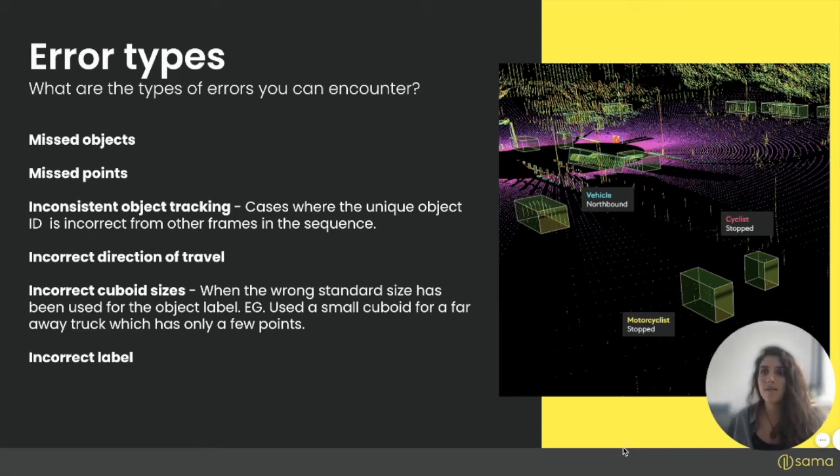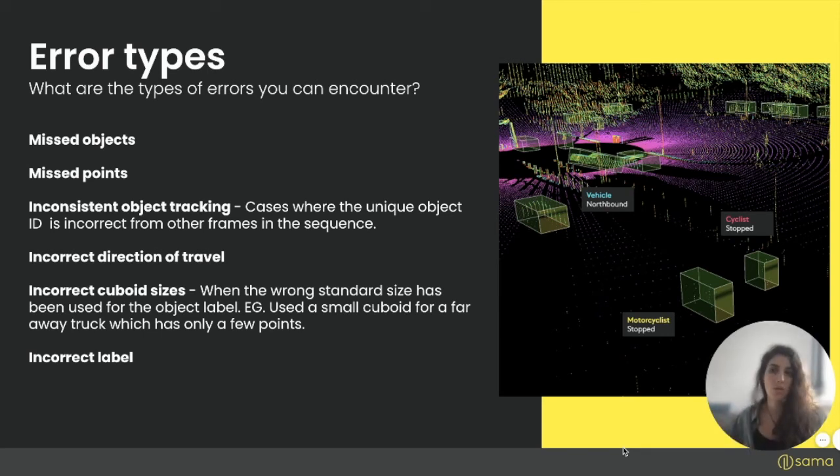Let's say you have a car that is coming into your LiDAR range at the end of your scene, and it's only a few points because it's too far away. There might be moments where annotators are really not seeing those points. So they might forget about those, or they might not realize that those are supposed to be annotated. So that's an extremely important thing to consider.